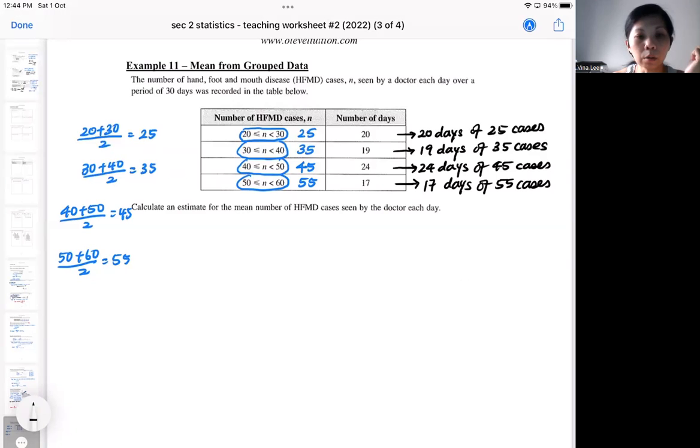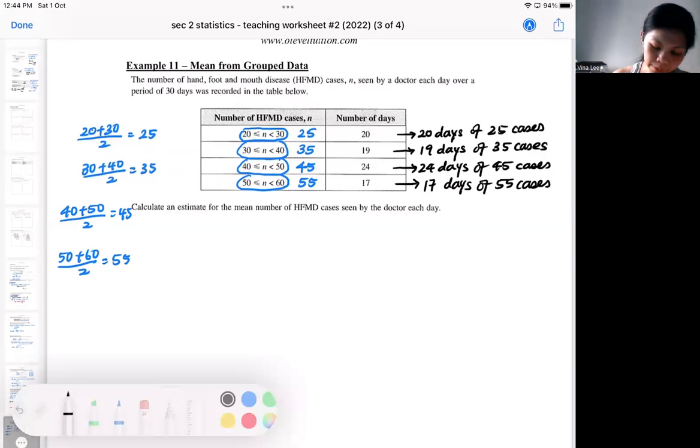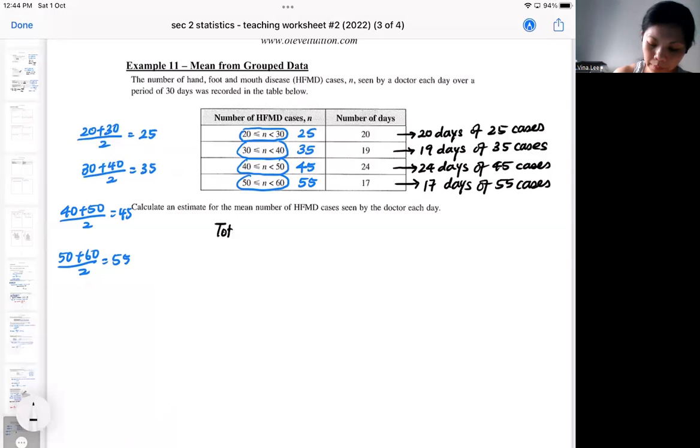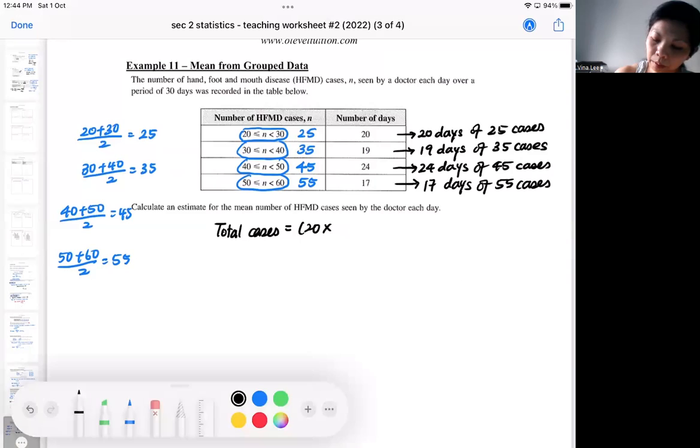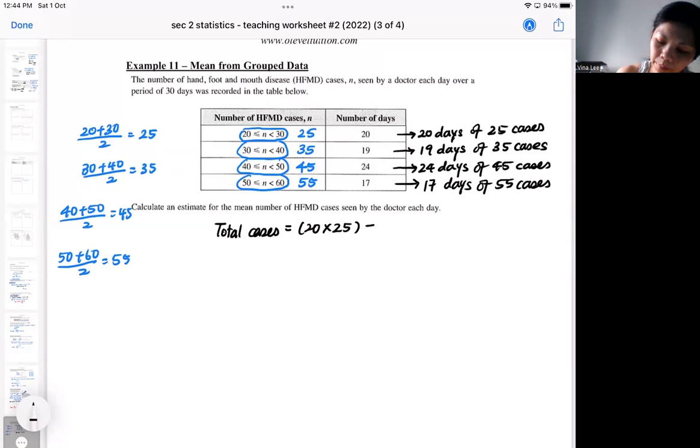If I want to find the average, I will need the total HFMD cases. That means I will just have to keep multiplying. So I need the total cases.